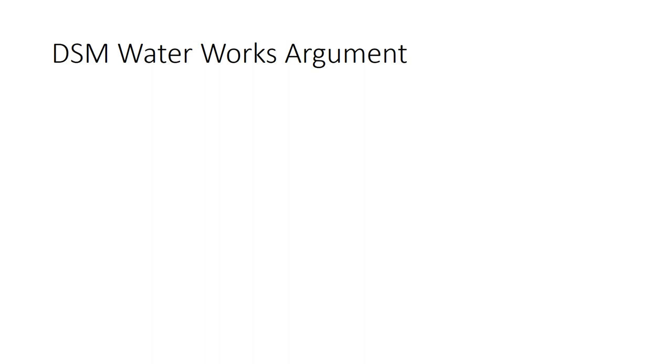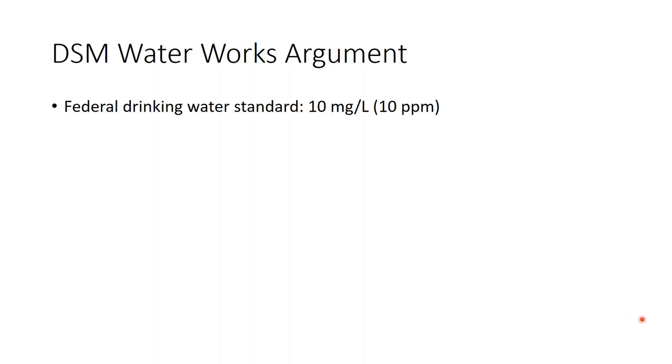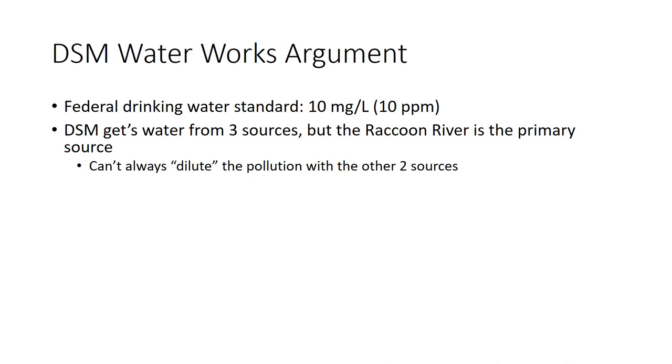All right, so on the Des Moines Waterworks side, their argument was that they have to meet the federal drinking water standard. They have no choice but to filter out that nitrate to provide safe drinking water to the citizens of the Des Moines area. And they get their water from three sources, but the Raccoon River is the primary source.